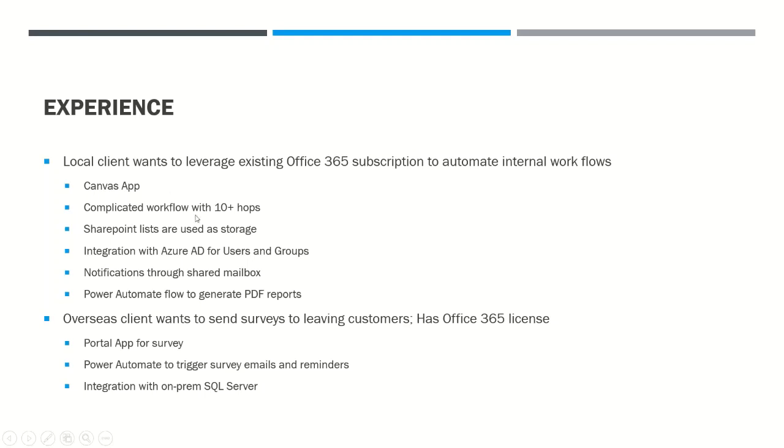As I said, their workflow was very complicated. So when I say workflow, let me explain a simple workflow. Say your organization has a leave process whereby you apply for leave and you are granted leave. It will have 2 or 3 hops at most.